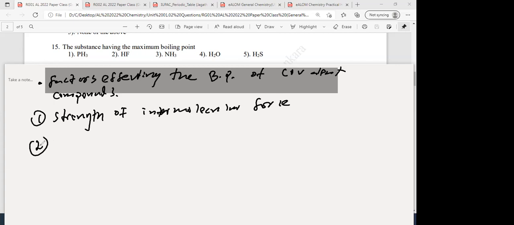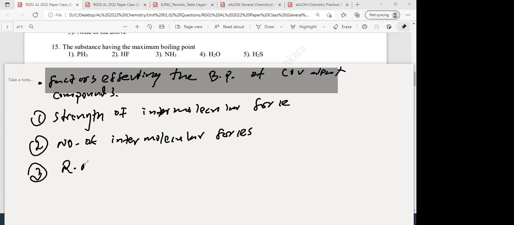Second factor, number of intermolecular forces. Third, relative molecular mass, RMM.